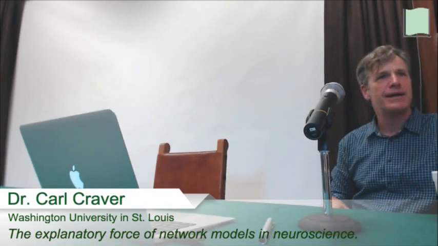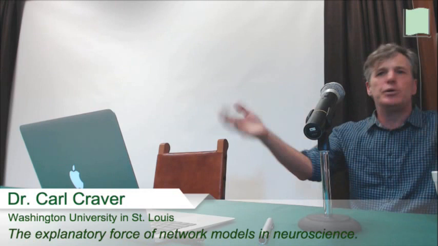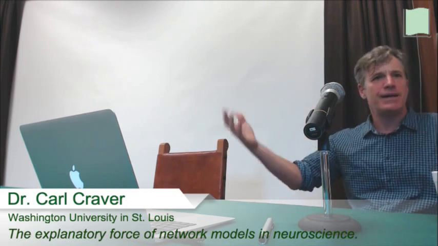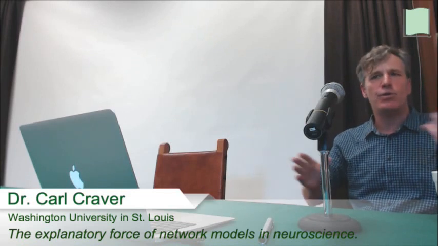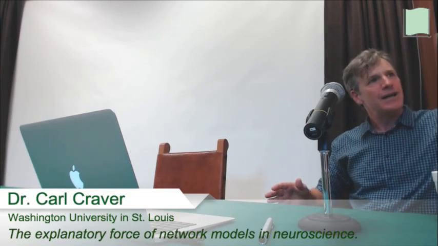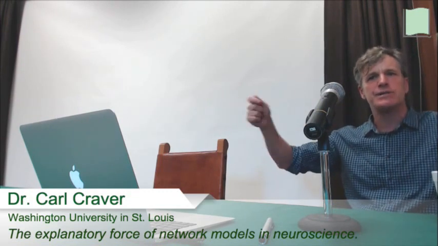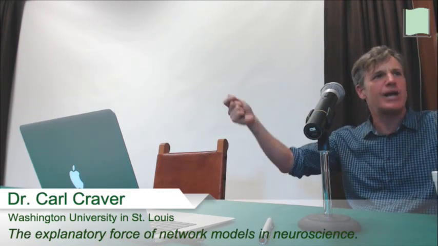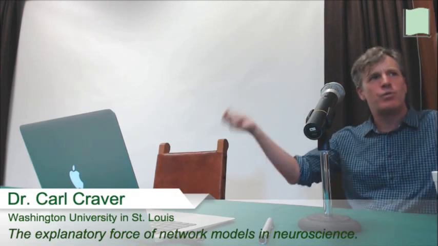And why do I care? If people start just building network models and assuming that they've explained something because they've got a network model, that strikes me as moving away from the goal that we've got. If people just build dynamical models of things, but those dynamical models don't tell us how to intervene on the system and make it change and make it work the way that we want it to, then it's moving us away from the goal that we have, not towards the goal that we have.